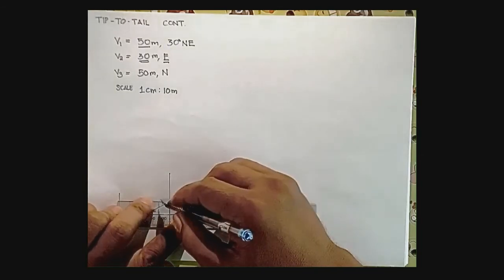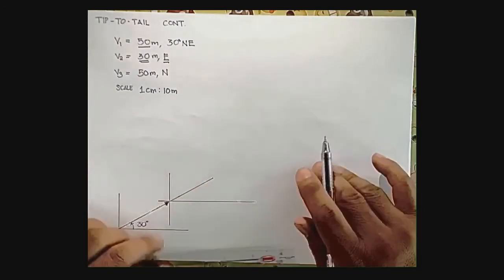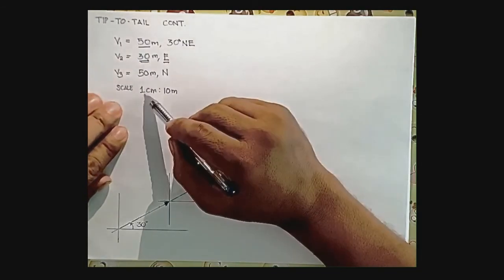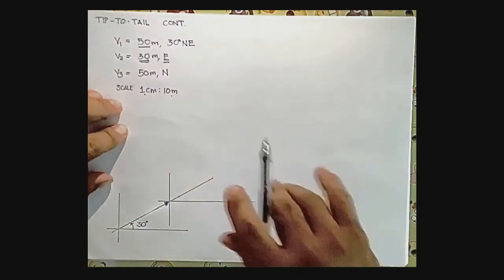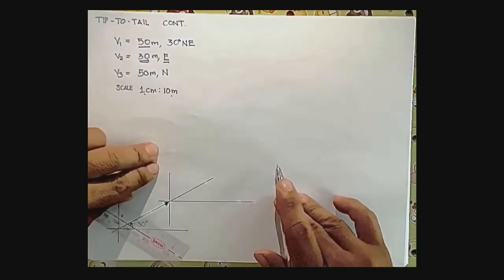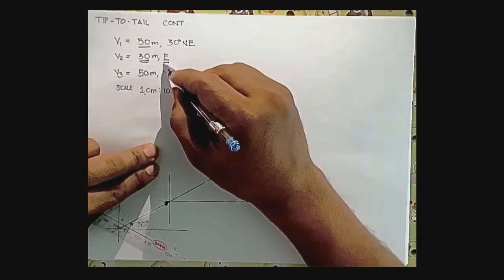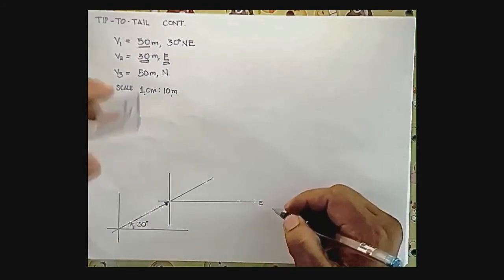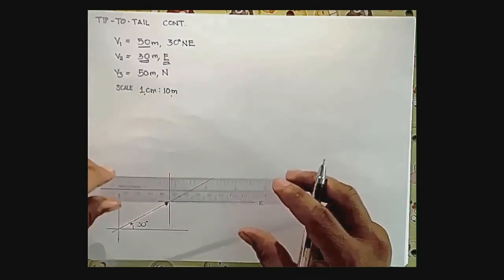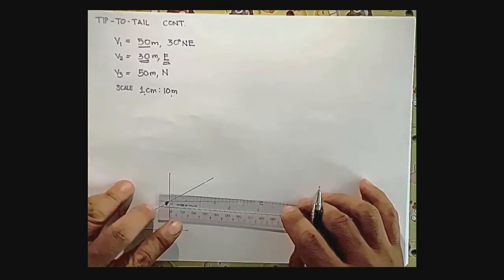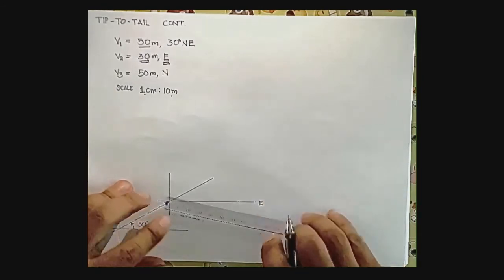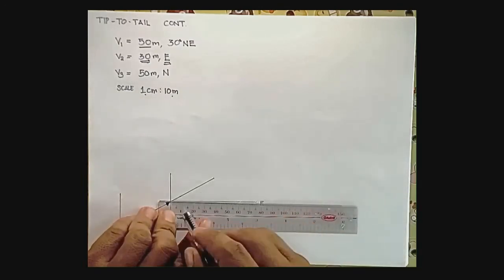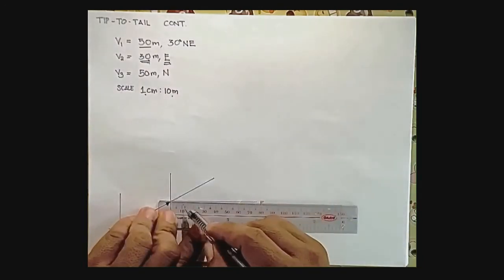And vector number 2 has no y component, or no component along the north axis. Therefore, it's only directly going to east, right? So we will be measuring the dimension of vector number 2, which is 30 meters. That will be only equivalent to 3 centimeters or 30 millimeters.